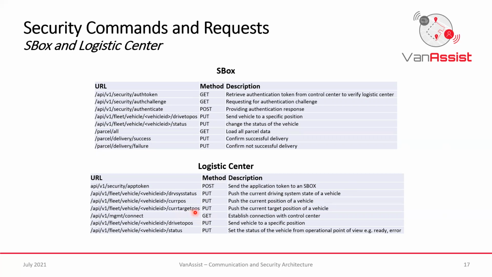We have current target position to push the current target position of a vehicle, and all of them are going to SBox. We have connect to establish the connection between control center and logistics center. We have drive to position, of course, to send the vehicle to a specific position, and we have status to set the status of a vehicle from operational point of view.